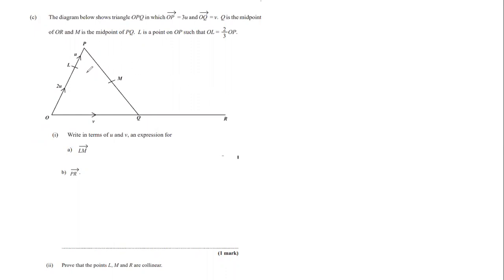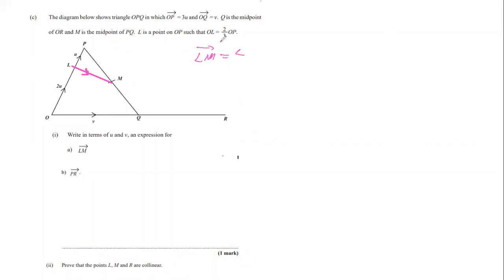So LM is this. We have to draw this, right? We draw a line from L to M. Everybody see that? Then you want to find LM. So for me to find LM right here, LM will be equals to LP plus PM.